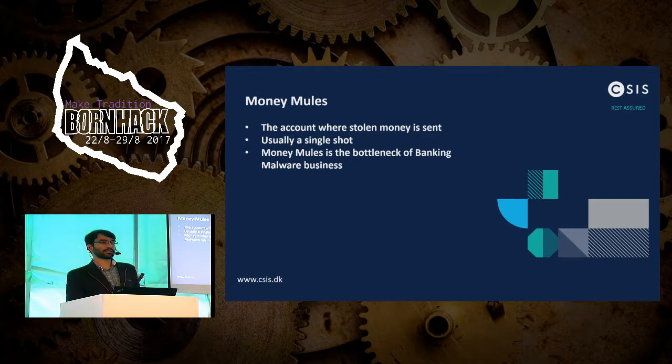So what they do is get the bank account of somebody else that they can receive money in, and then cash it out somehow. There are many different ways that criminals use to get those accounts, and I'll get into a few of those shortly.